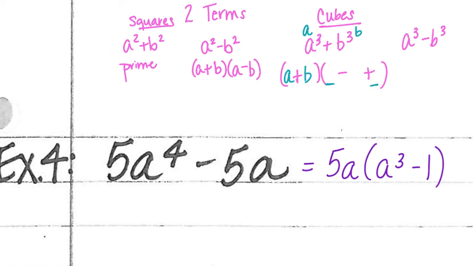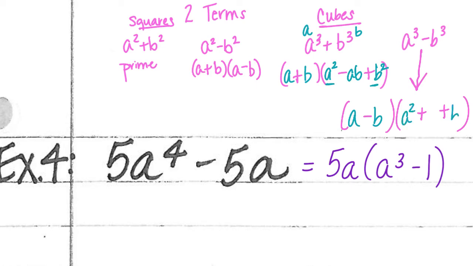On the outsides, we're going to square it. And on the inside, we're just going to multiply them together. So on the same note, this is going to have one minus and two pluses. And we have a squared and b squared on the outside, and ab in the middle. So notice this right here, a cubed minus 1 is like a cubed minus b cubed.